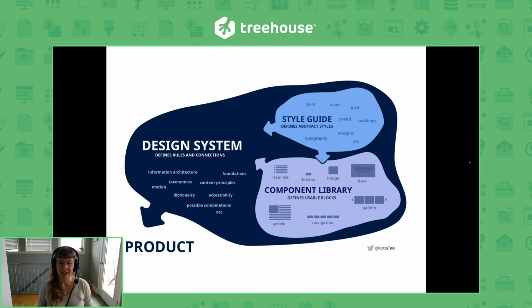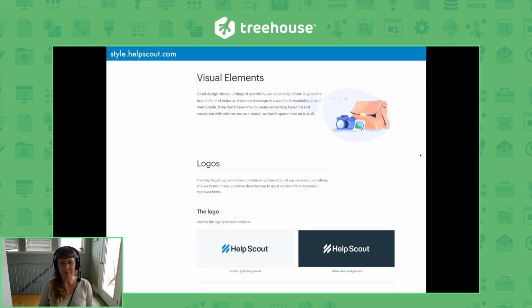And then also within a design system, there's a component library, which you sometimes hear referred to as a UI library or pattern library. And it has different things like articles and heroes and images and all those little reusable blocks that are within a user interface.